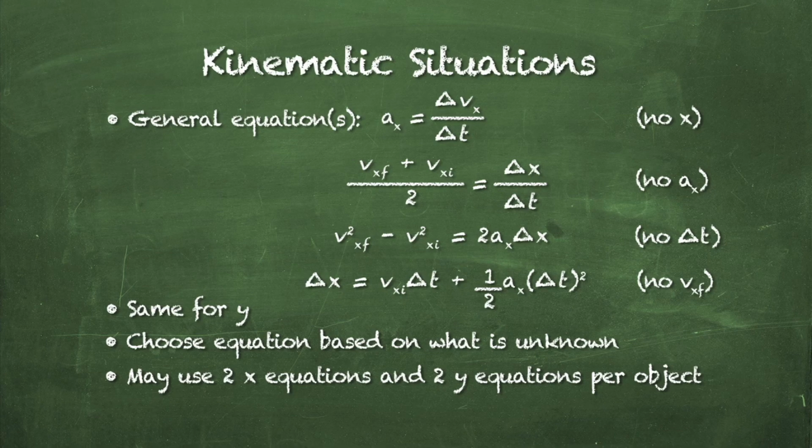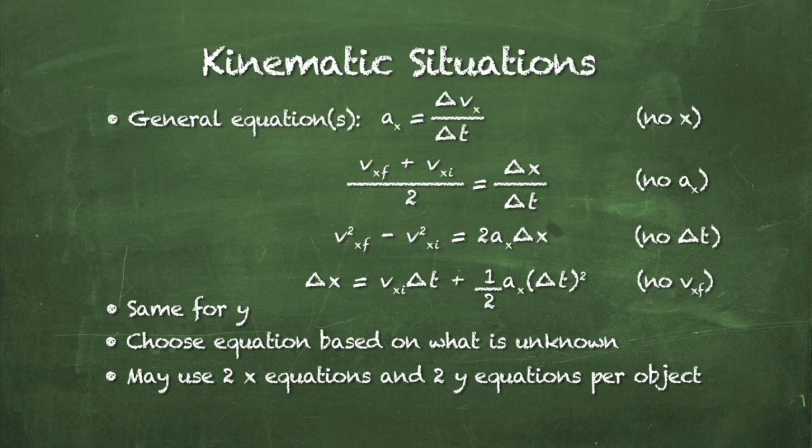And to choose an equation to get started with, we choose the equation based on what we don't know and what we don't need to know. Also, we actually have 2 independent equations. We started from the acceleration is equal to change in velocity over change in time, and average velocity is change in x over change in time.